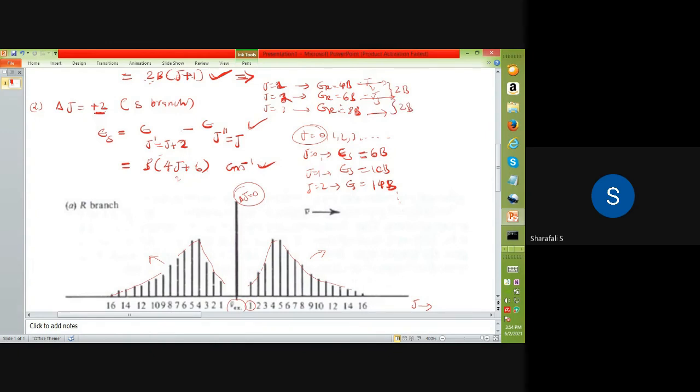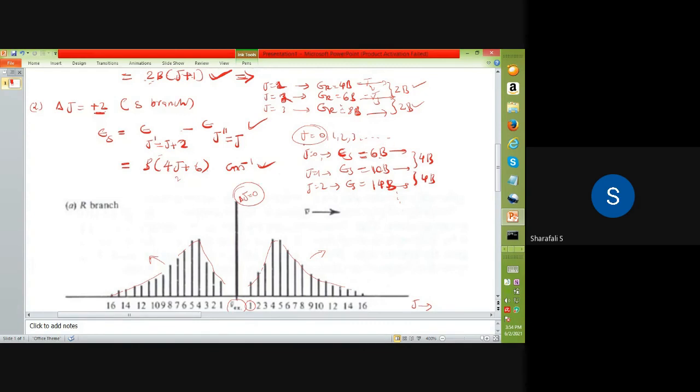So the difference between the lines in the anti-Stokes and Stokes regions, in that case, we have 2b as the separation between the lines. But for the S branch, if you consider these three cases, we have 10b minus 6b, so here we have a difference of 4b. Here also we have a difference, 14b minus 10b.